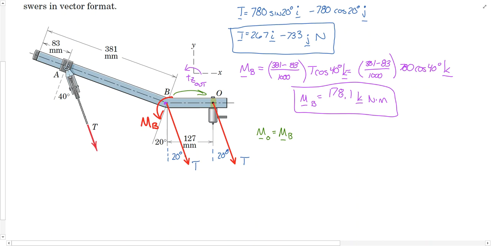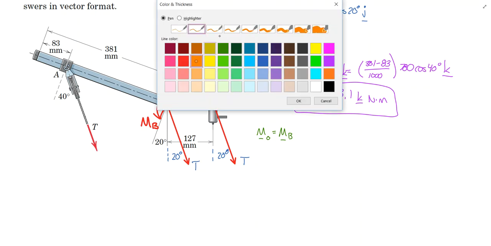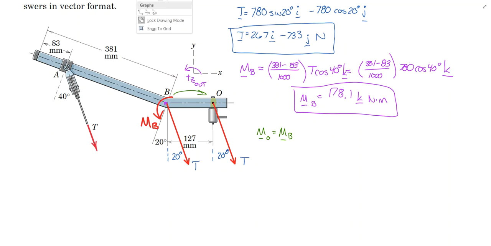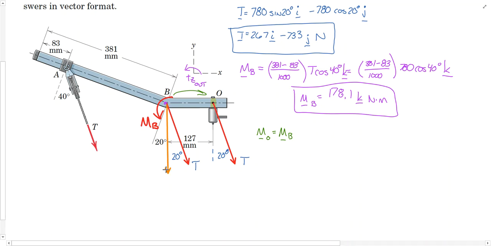And then if I think about T, T has got two components, and if we draw those, we have one y component, and then we have an x component, and the x component is going to pass through point O and will not make a moment, but the y component will not pass through point O. It misses it by 127 millimeters, and by the right-hand rule, Ty would produce a counterclockwise moment around point O, which for us is a positive k direction.